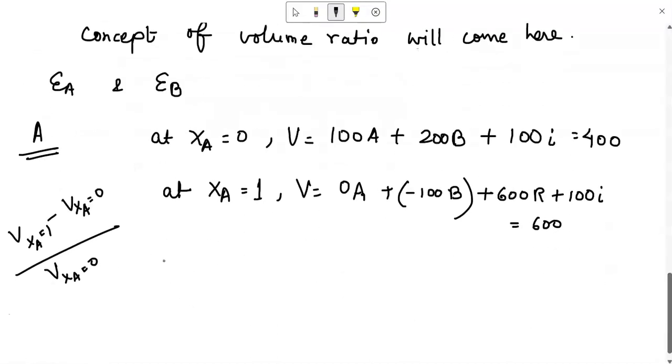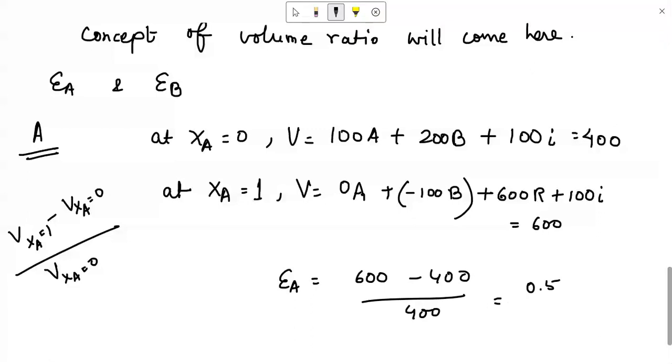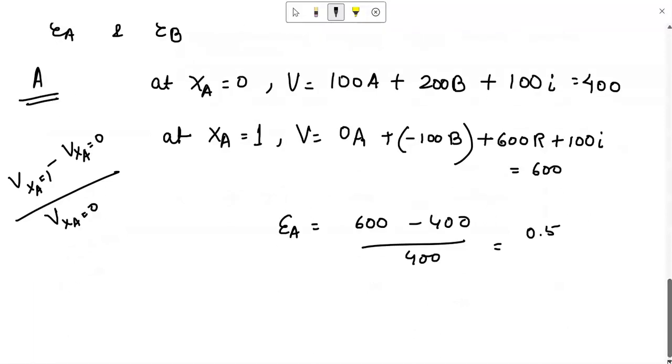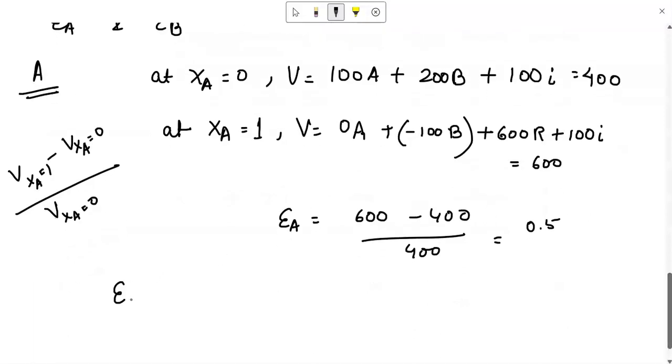Now we are simply going to find this ratio. So epsilon A becomes 600 minus 400 by 400, which is equivalent to 0.5. Now for finding epsilon B, we are going to use the formulations for special case 2: batch and flow systems of gases of changing density but with constant temperature and constant total pressure. You can refer to the previous lecture for these equations.